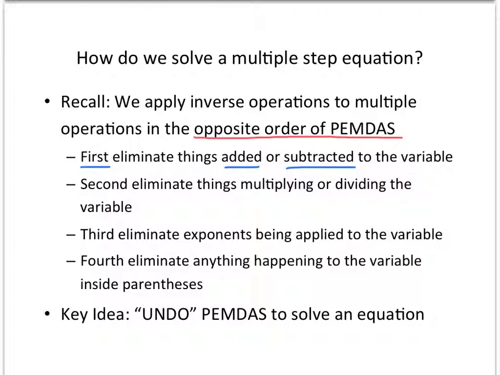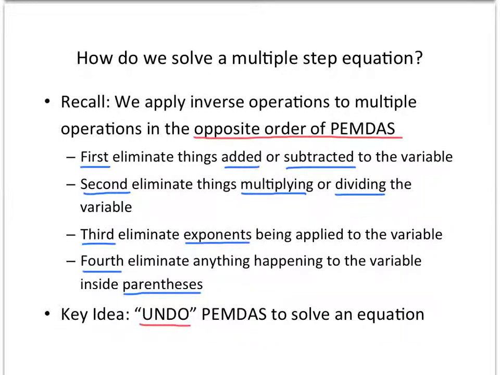Then we're going to deal with the multiplying and dividing, which is normally our second to last thing. Third, we're going to go ahead and deal with any exponents. And then fourth, normally we deal with things inside parentheses first, but because we're undoing the order of operations, the parentheses are going to be the last thing. So again, that key idea here is the idea of undoing PEMDAS, or going in the opposite direction as we solve.